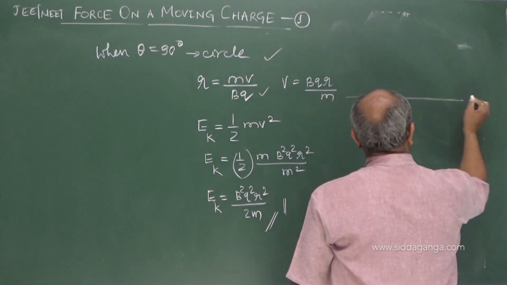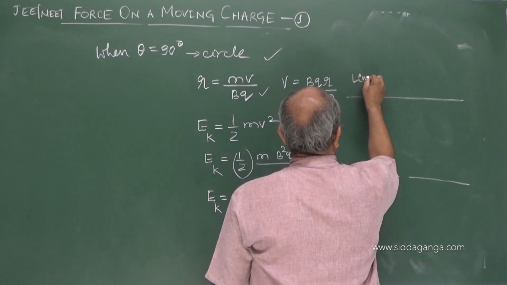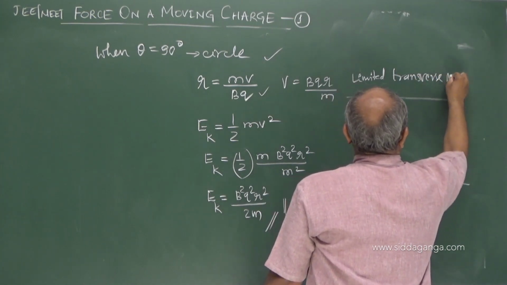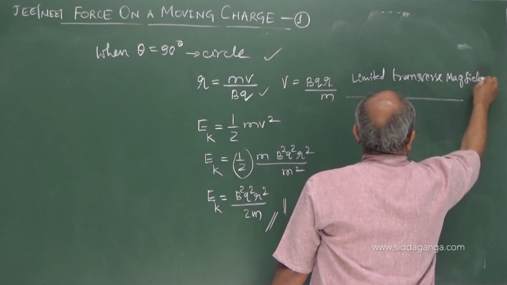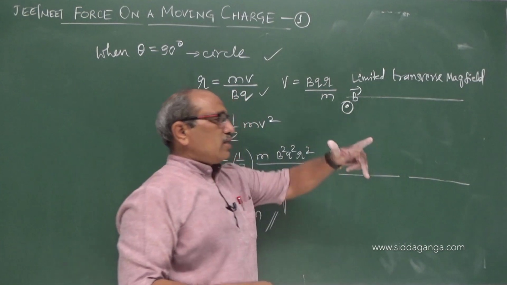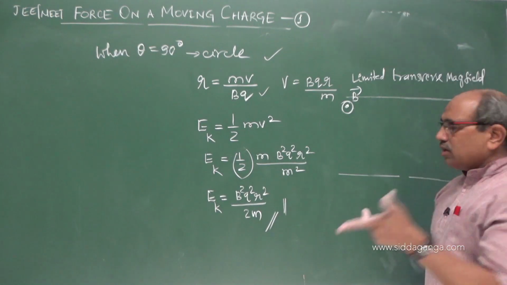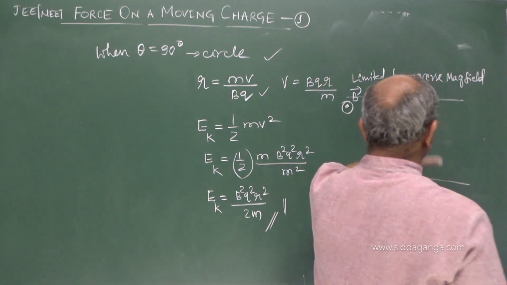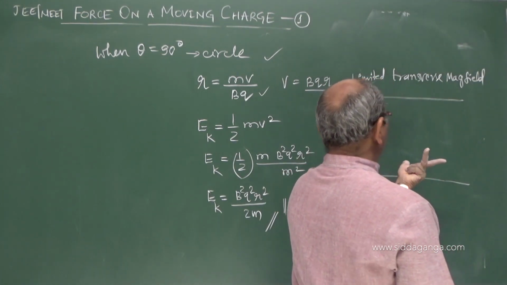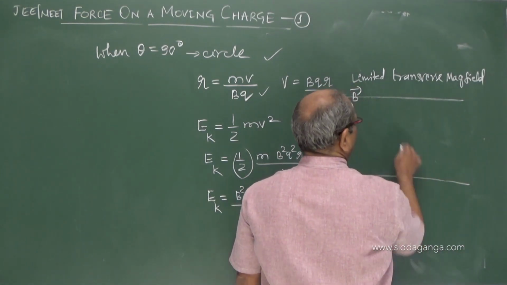Suppose this is a limited transverse magnetic field that I applied. The field is out of the board, B. Just consider that the field is out of the board, and I make the charges enter perpendicular to it. There may be a stream of charges, perpendicular.